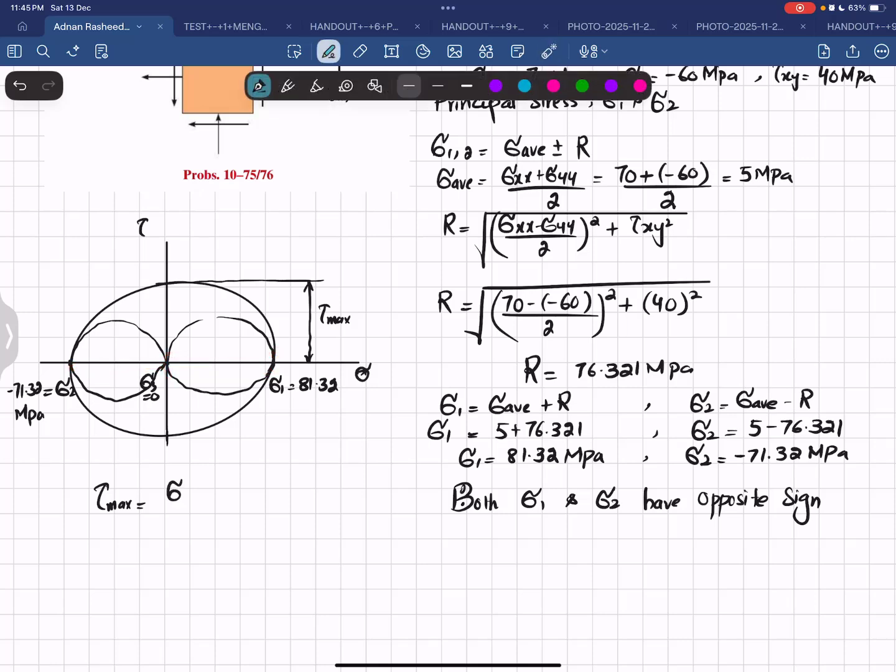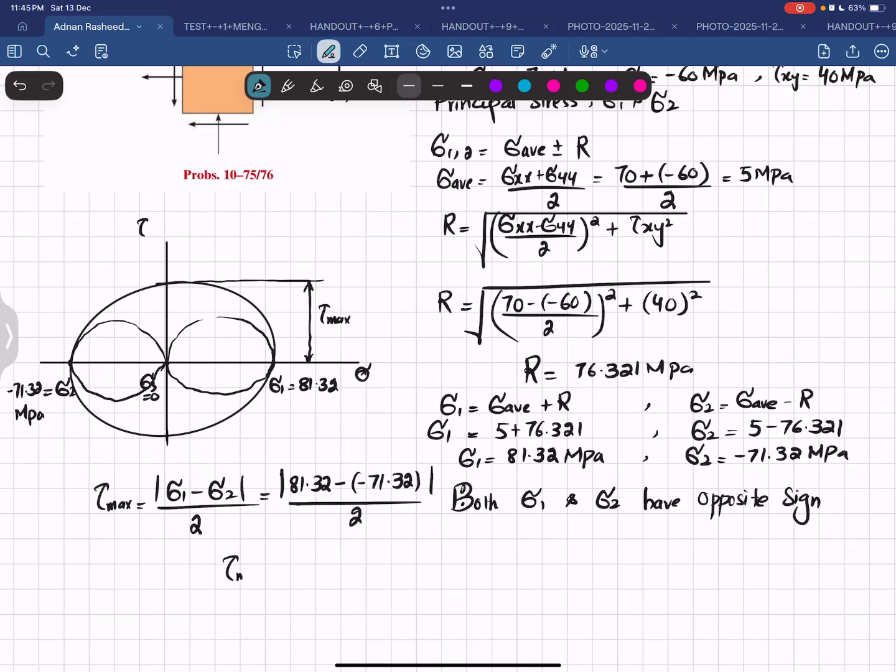And how will we find this? This will be equal to the absolute value of sigma 1 minus sigma 2, divided by 2. So put the values: sigma 1 is 81.32 minus minus 71.32, divided by 2.